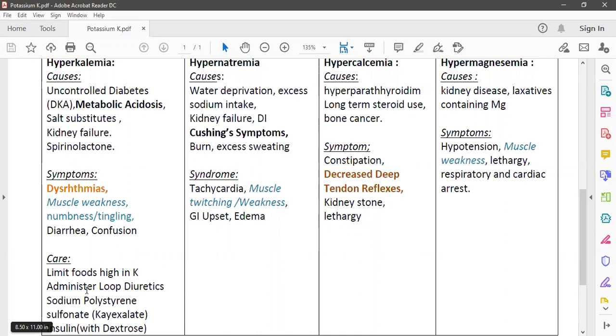Give them sodium polystyrene sulfonate or insulin. What else?